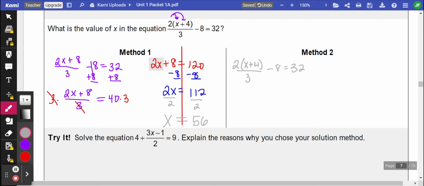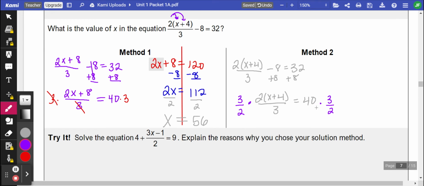So when we added 8 to both sides in the first method, we got 40. Now, to cancel a fraction, instead of doing it in 2 steps, you could multiply by 3, divide by 2, and you're good. But we could use what we call the reciprocal and just flip that over and multiply. So notice the 2 flips to the bottom, 3 flips to the top.